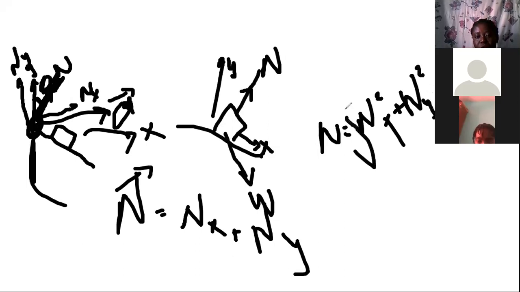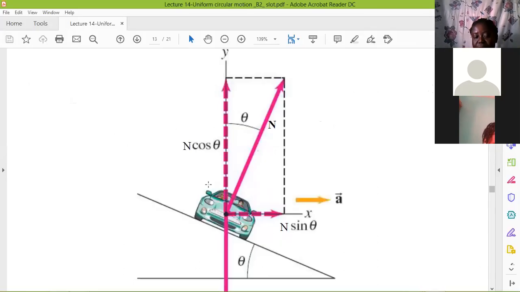Keep in mind that your x-axis on the incline or on the banked curve is different from when you just have the incline, so the axis differs. Very, very important to keep in mind. That's why we have these equations here.